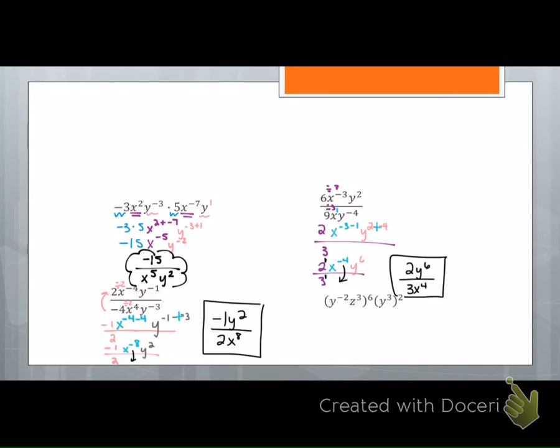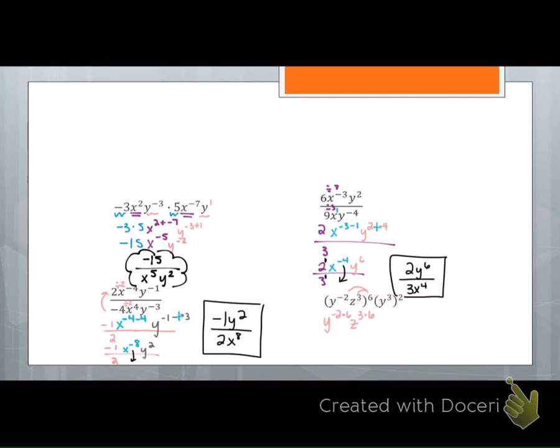Connor, help me with that last one on the slide. Make the 6 go into. And what do you do with a power to a power? Multiply. Okay, so I'll do negative 2 times 6 and 3 times 6. What else do I have to do?